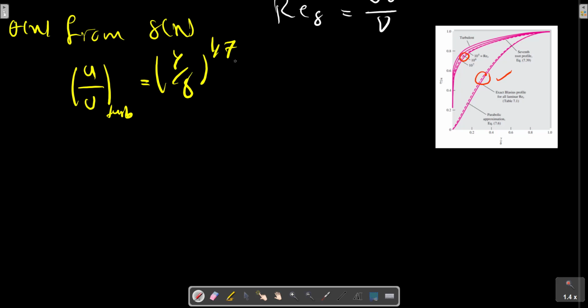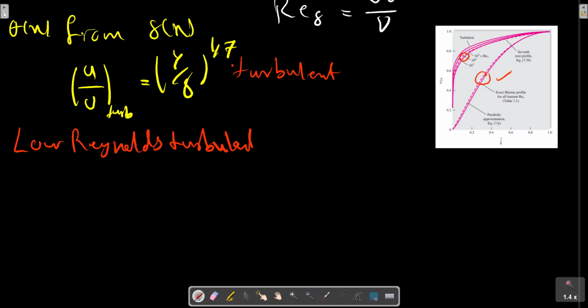We have this turbulent relation, shown as a dashed line in this figure. It is an excellent fit to the low Reynolds number turbulent data, which were all that were available to Prandtl at the time.